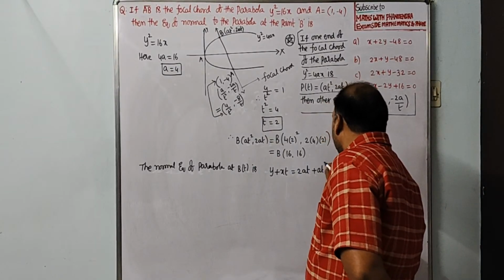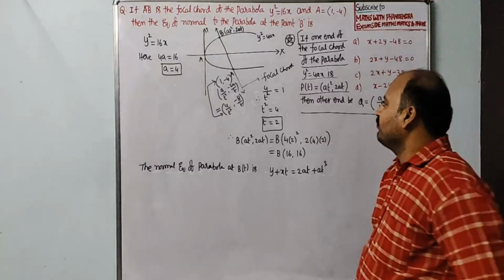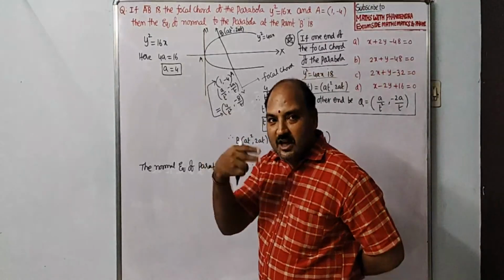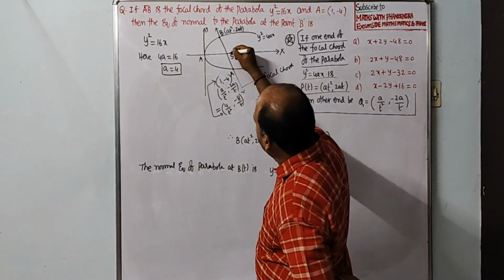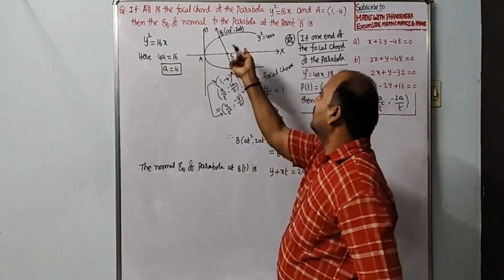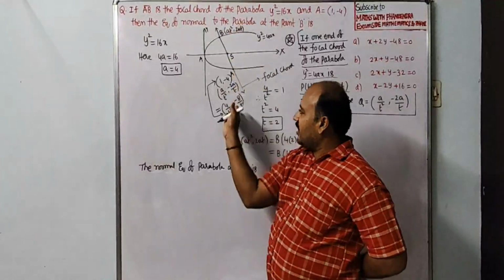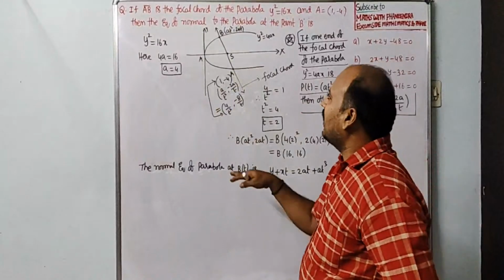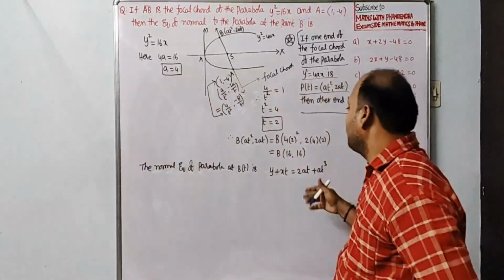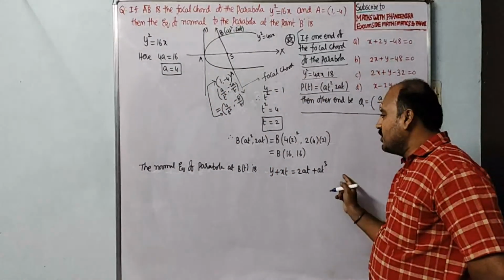See how the question is being asked. Previously in JEE Mains and EAMCET, based on this focal chord, one end is given and the other end they are asking. So they are again twisting this type of question. So y equal to xt plus 2at plus at cube.